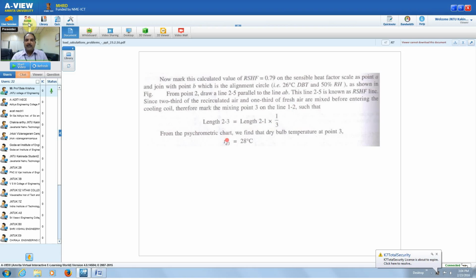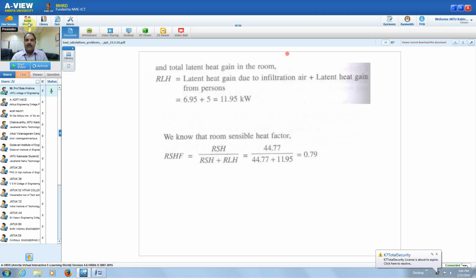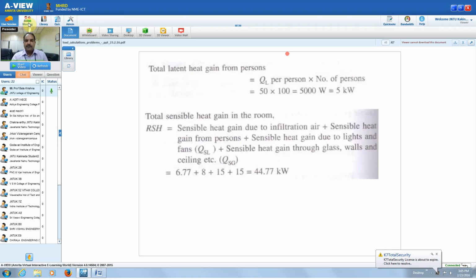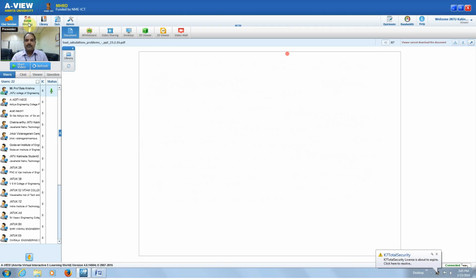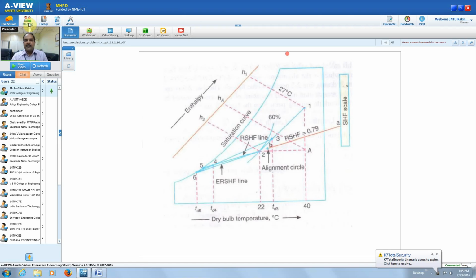From the psychrometric chart, we find the dry bulb temperature at point 3 is 28 degrees. If you see the psychrometric chart, this is the DBT at point 3. So with these values we can calculate all the values with the help of the psychrometric chart.